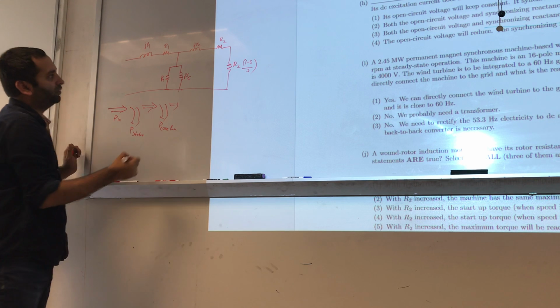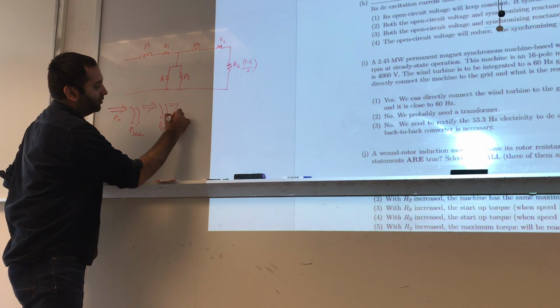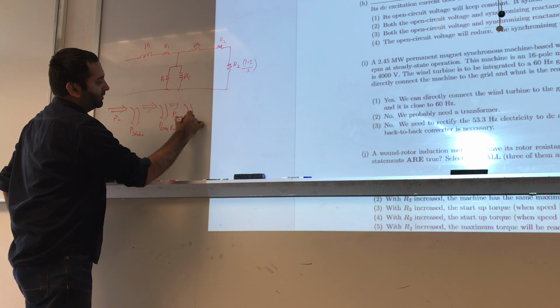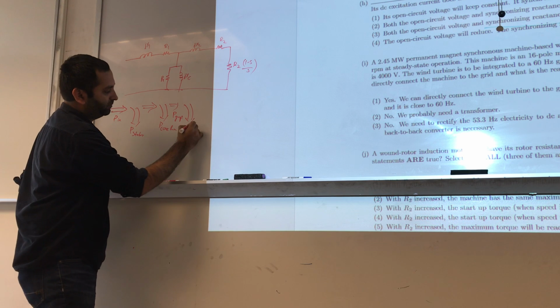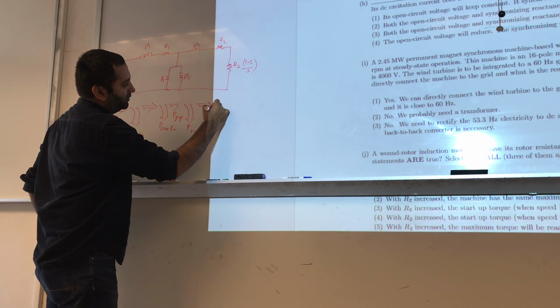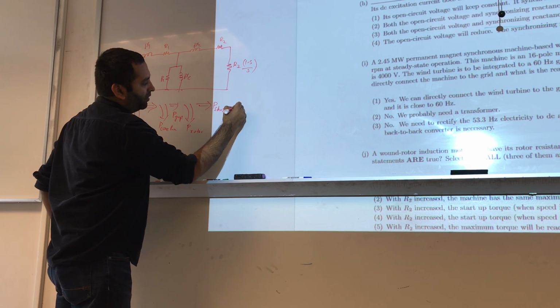Then this will be the air gap power. Then you will have the rotor copper loss. Then this will be P shaft or P mechanical.